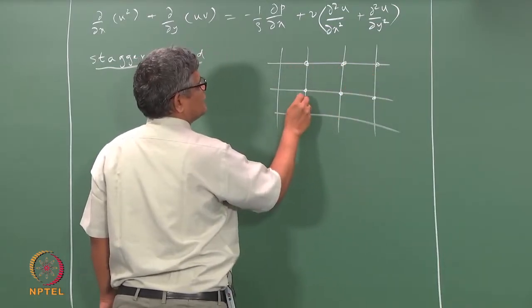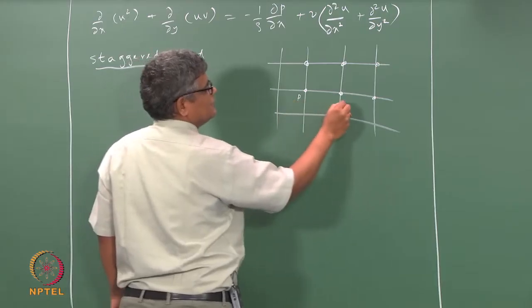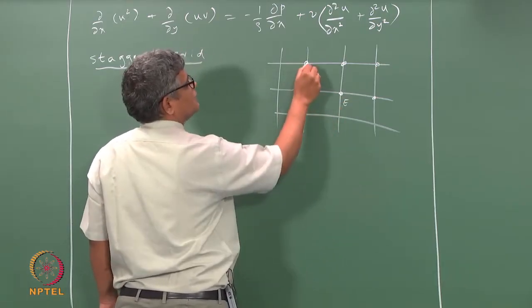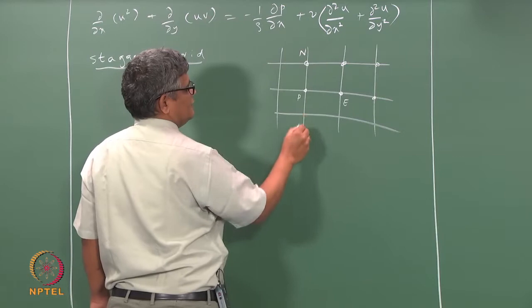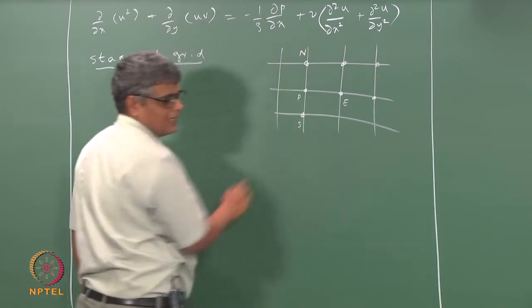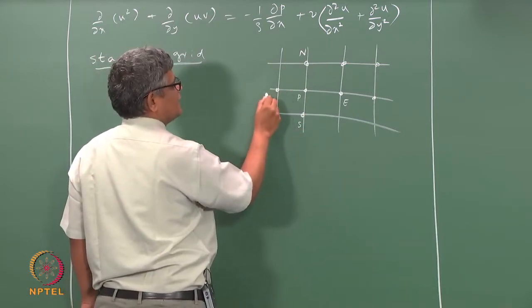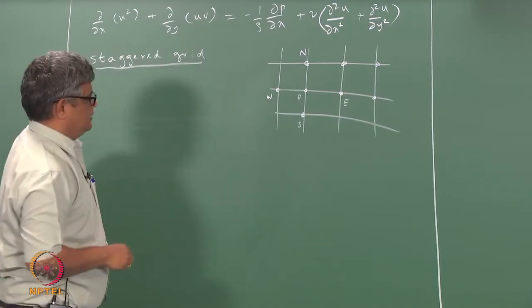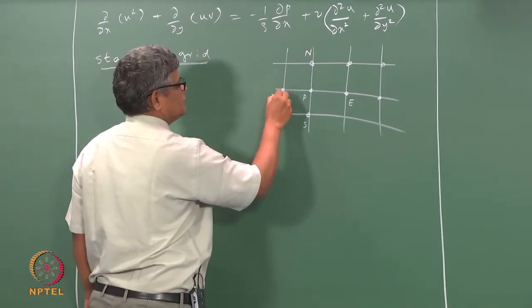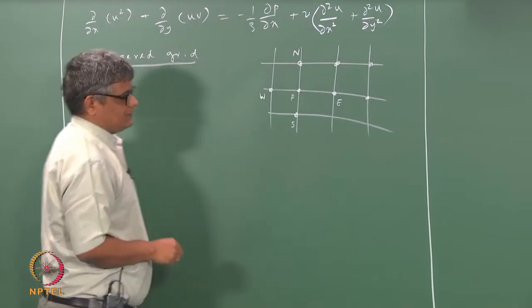We can call this P, and to the east of this you have capital E, and to the north of this you have capital N, and here you have capital S and capital W. So, these are the points at which pressure is evaluated.